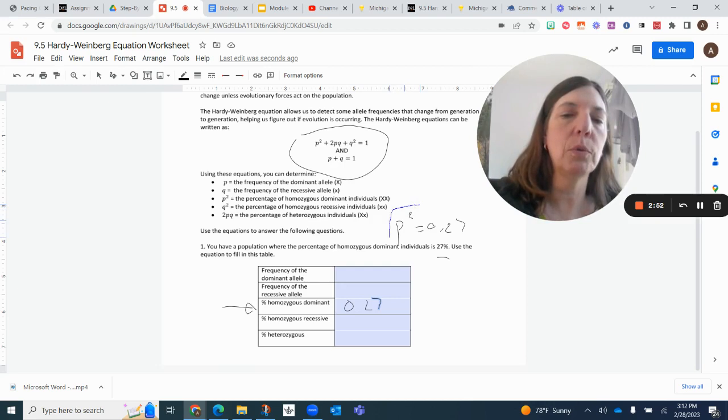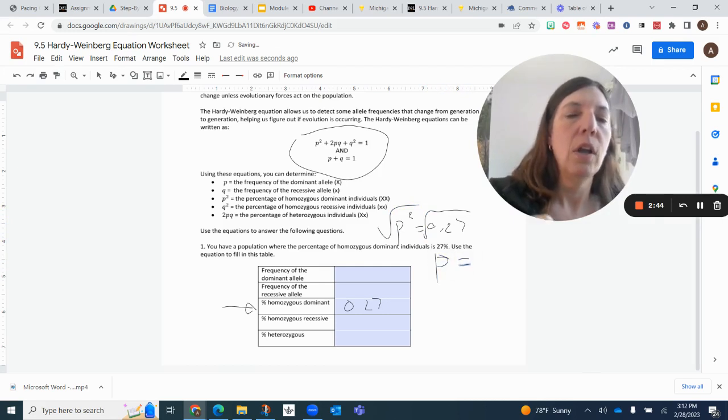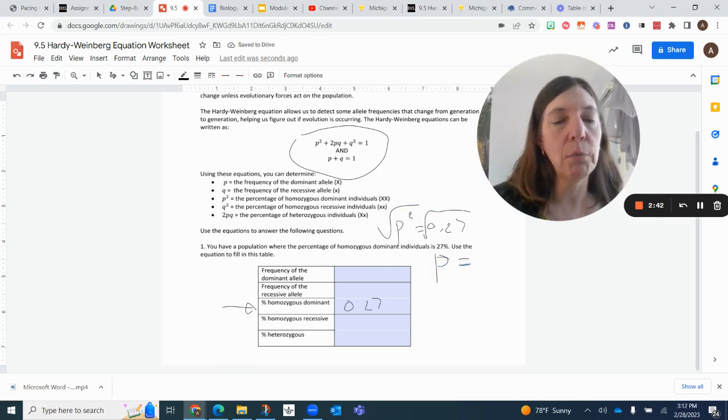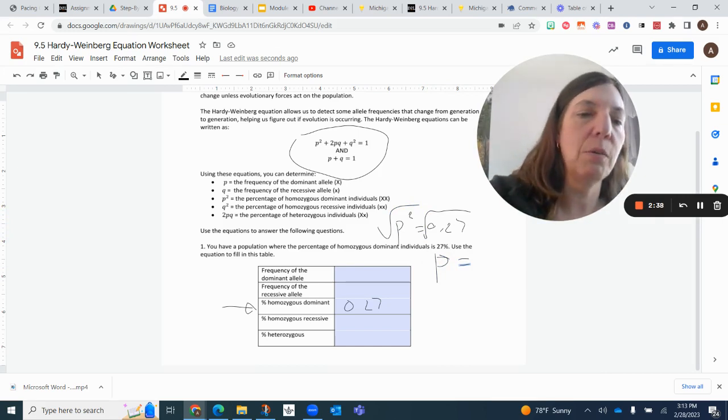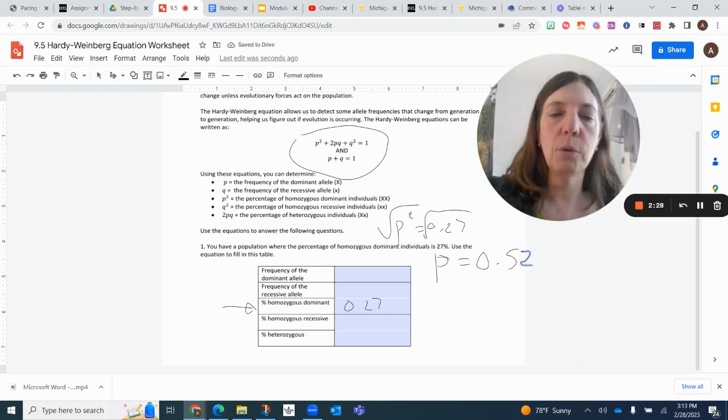We find the square root of both of these, and that's going to give you P. We know that the square root of 25% is 5%. So you just use your calculator to figure this out, and it is actually 5.2%. Okay, and so we know that P is that, so we can write the answer here.